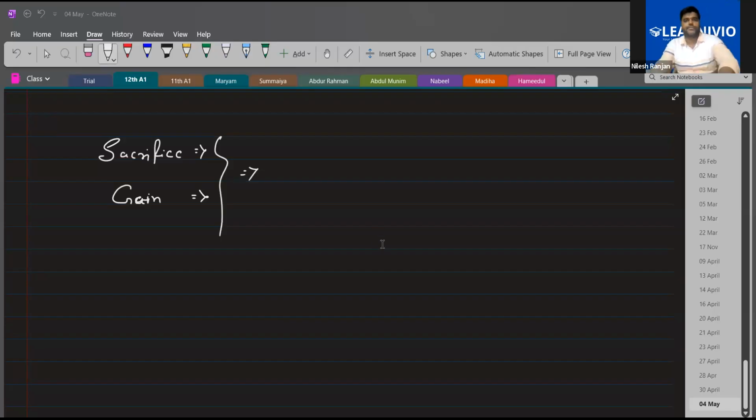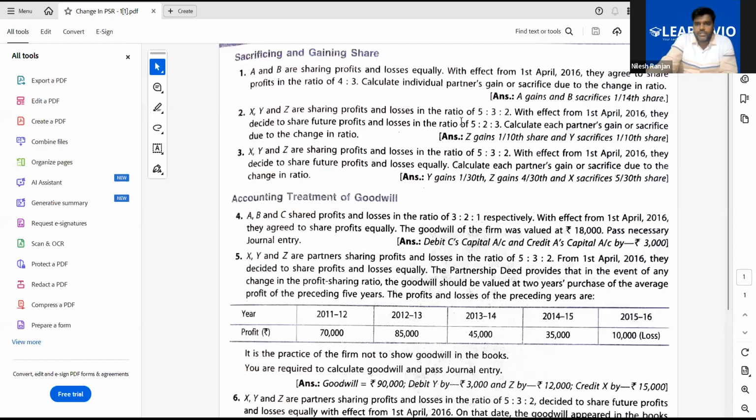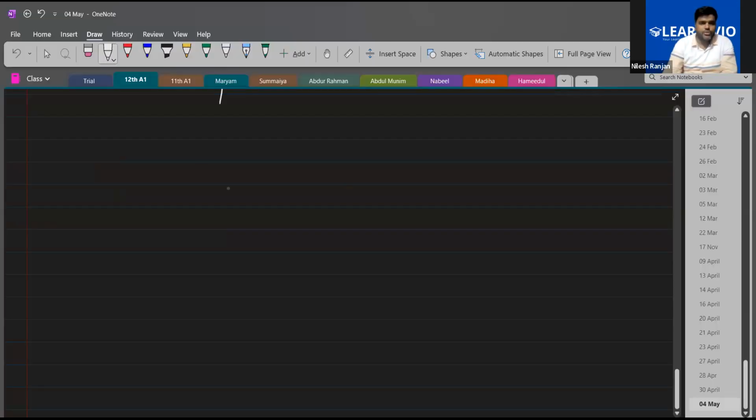There are different questions here, first, second, third. Okay, question number 3 I'm solving. The old ratio was 5:3:2 and the new ratio is equal, that is 1:1:1.